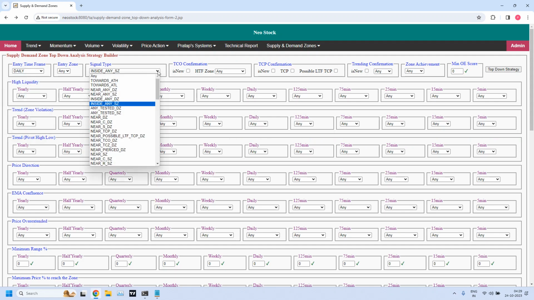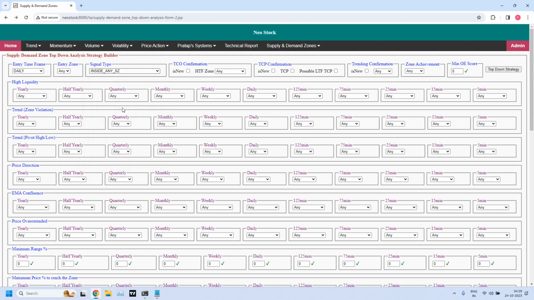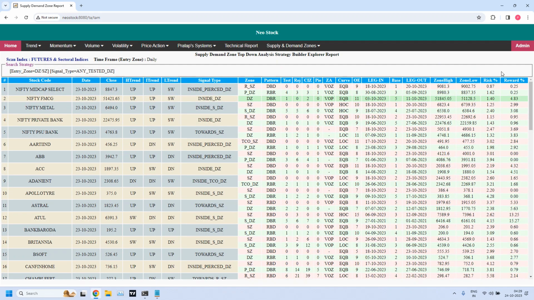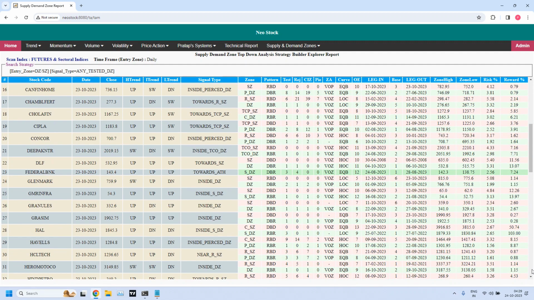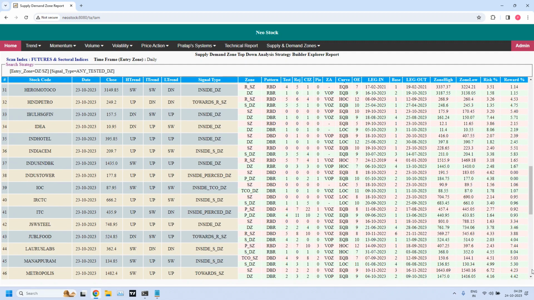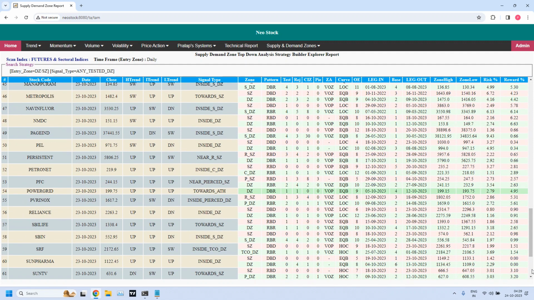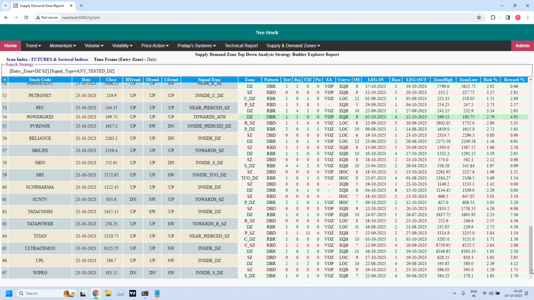Entry time frame daily. Let us find daily tested demand zones. So as expected, many stocks are tested. So 67 stocks are tested.